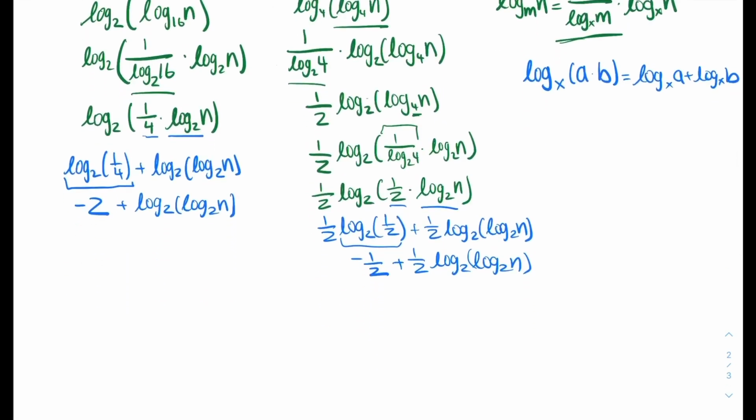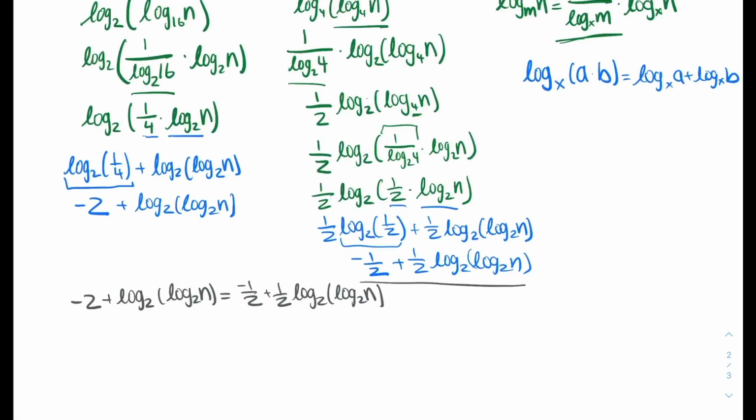So now we basically have the left-hand side and the right-hand side as simplified as we can get them without actually solving for n yet. So let's set them equal to each other and see what we can do. The way we write this out is that negative 2 plus log base 2 of log base 2n is equal to negative half plus half log base 2 of log base 2n.